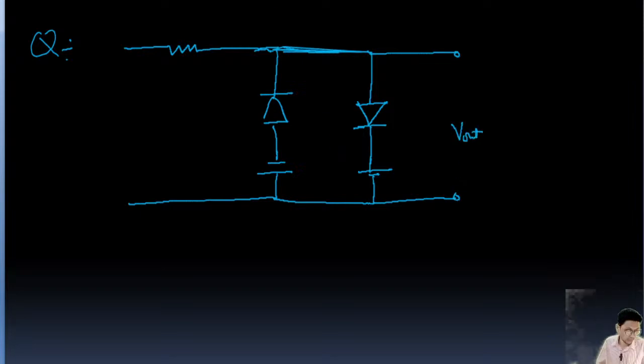This is the output. Okay, this is R. This is silicon diode, and this is silicon diode, guys.